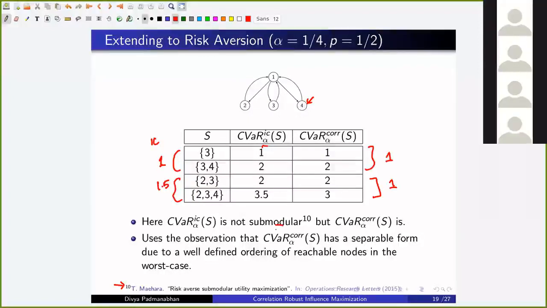This has to do with the particular form of the worst case distributions and the separable nature of the computation. There's also some kind of an ordering of the nodes of the graph that helps in the worst case, whereas that kind of ordering is not something we see in the independent cascade model. Of course, I'm brushing some details aside for want of time.